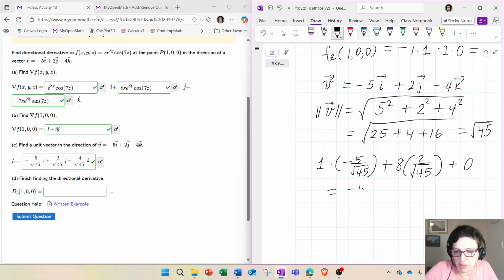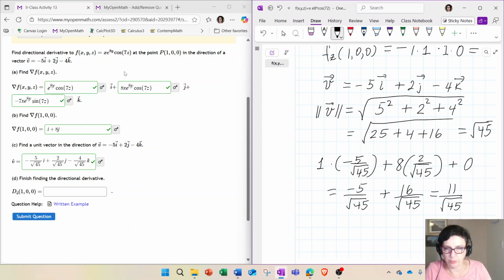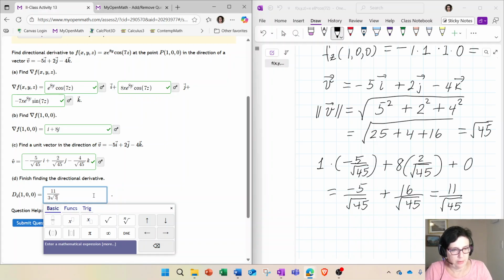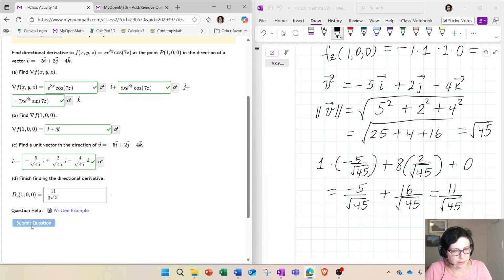So this is going to be negative 5 divided by square root of 45 plus 16 divided by square root of 45. Okay, you do have to simplify here because this looks like the same bottom. But if you want to put 45 as 5 times 9, it would be 3 square root of 5. Fine. Or you can leave it as square root of 45. I think it'll be the same.